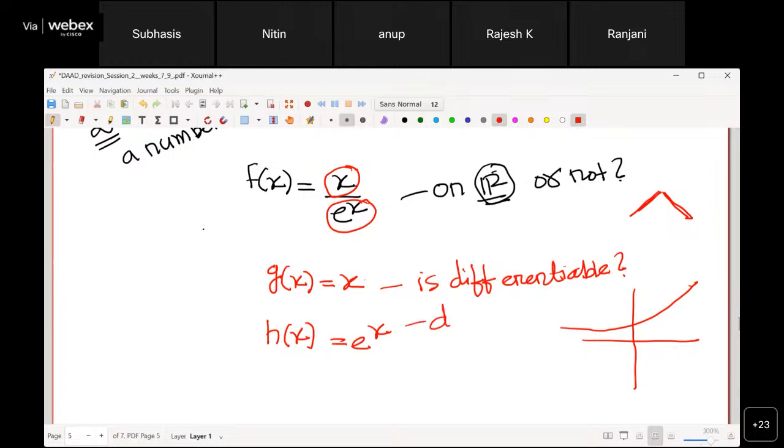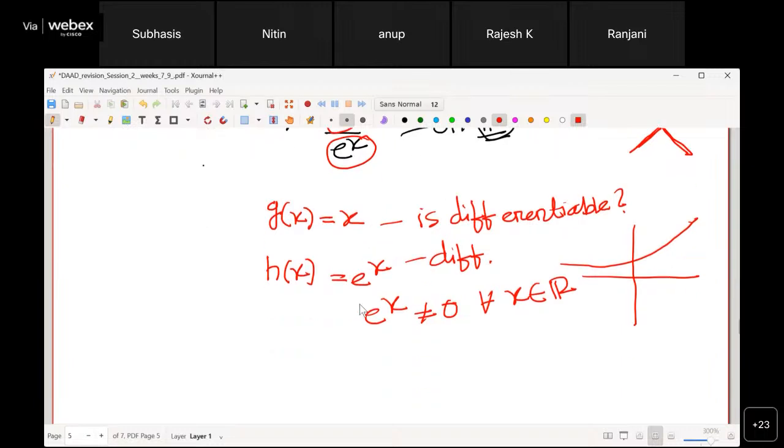It's pretty smooth. So by just looking at the graph, you can say that this function is also differentiable, right? And one more thing, you know that e of x is not equal to 0 for any x in R, correct or not? e of x can't be 0 because it's always strictly greater than 0.